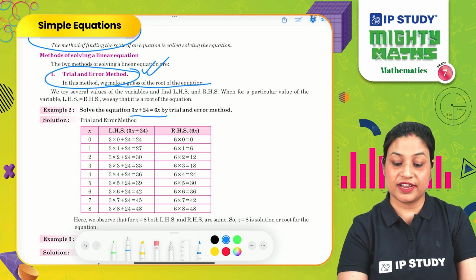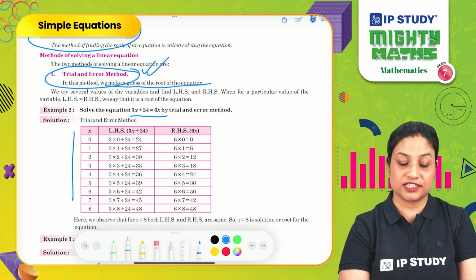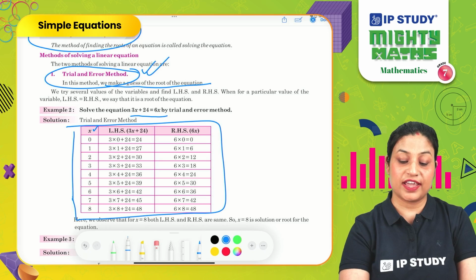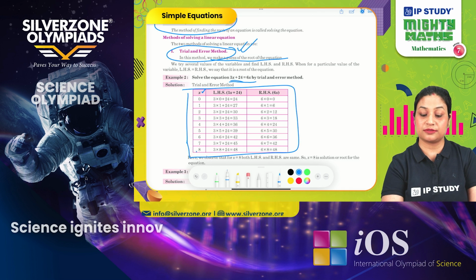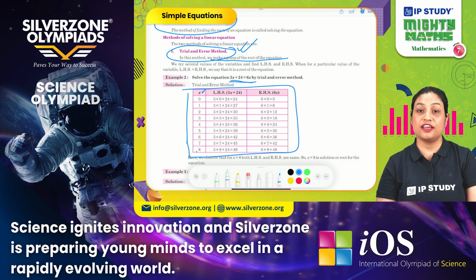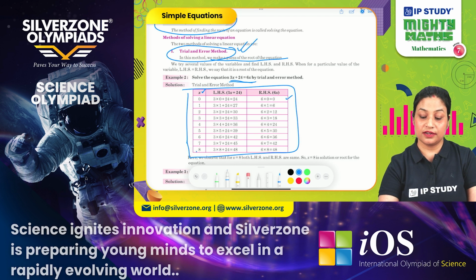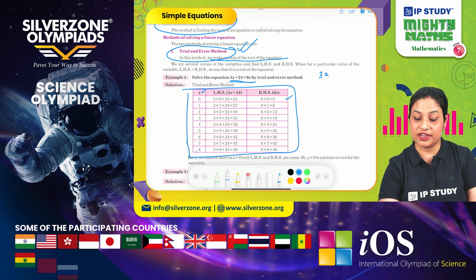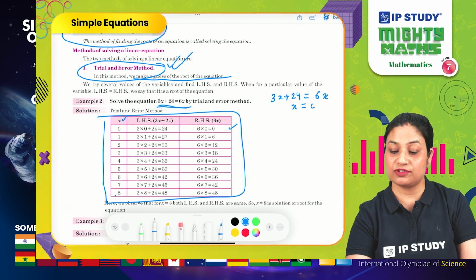Here we have 3x plus 24 is equals to 6x. Can you see this table over here? So what we are doing is taking the value of x from 0 to 8, right? And we are putting the value of x in the given expression and checking if the left hand side is equal to right hand side. So let's take the first one. I'm putting x is equals to 0.